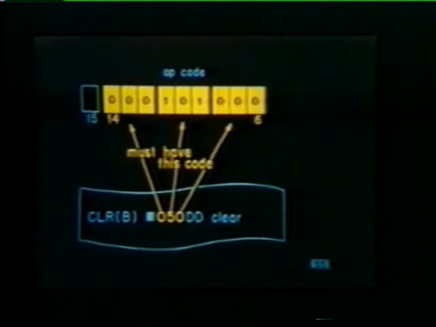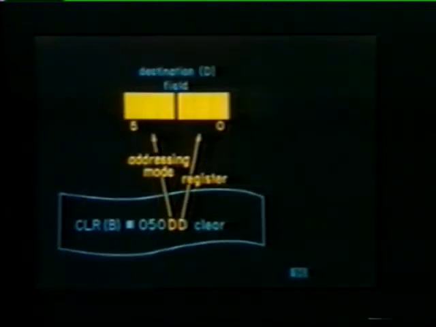In this case, the code 050 always is used for a clear instruction. Notice the 2 Ds following the opcode. These indicate the 2 portions of the destination field, the addressing mode and the selected general purpose register. The DD is printed on the card to indicate that you have the option of using any addressing mode with any register you so desire.